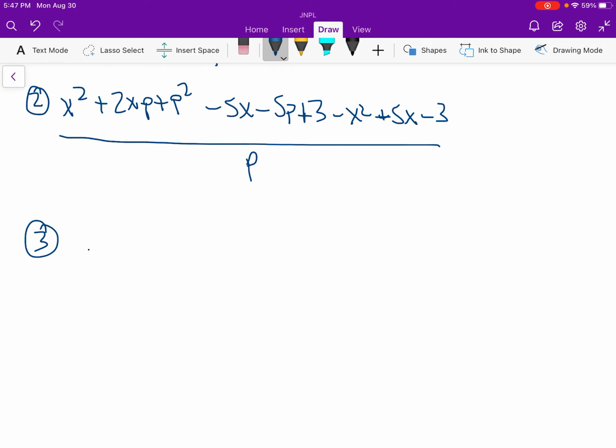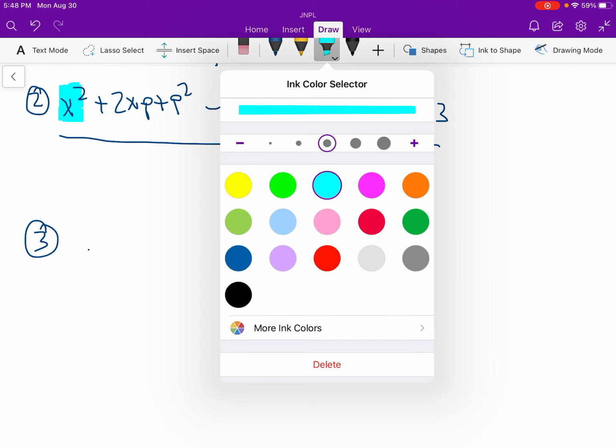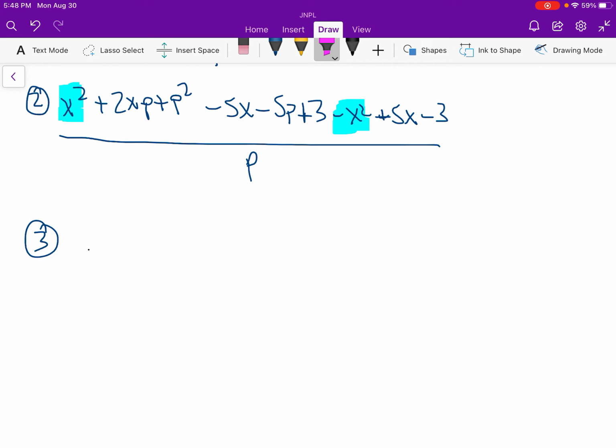The third step is basically just we combine like terms or cancel things out. And so let's look at our like terms. Now you won't be able to do this on an actual test because you don't have colors, but we see we have an x squared here. We have a negative x squared here. And then we have a positive 2x. Is there something to go with that? Yes, there's an x here.